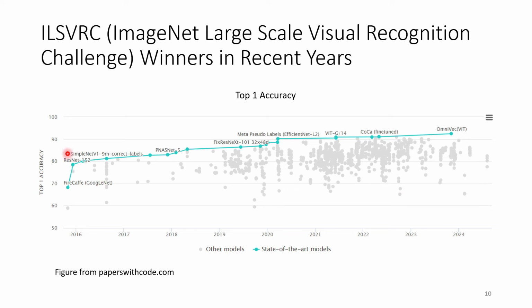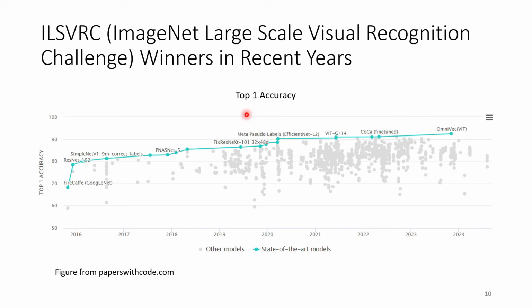This is another metric, top-one accuracy. Top-one accuracy means given an image, the network will predict the class with the highest probability, and you can only choose one.